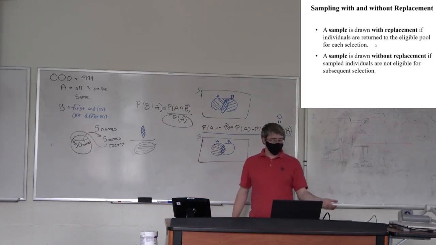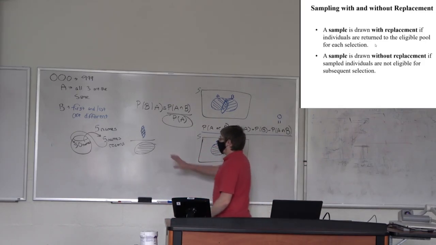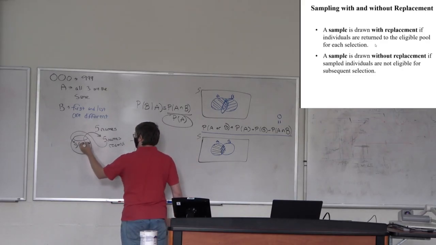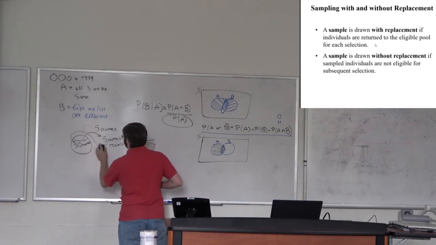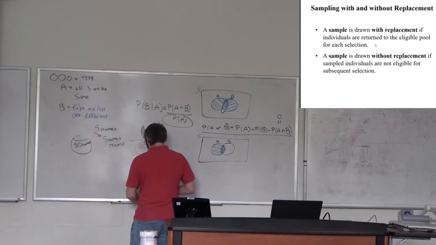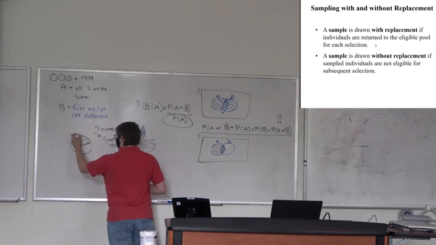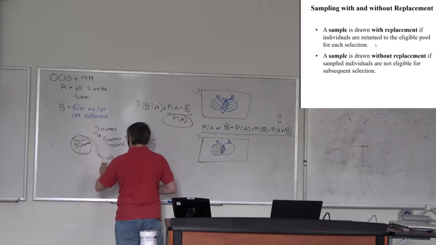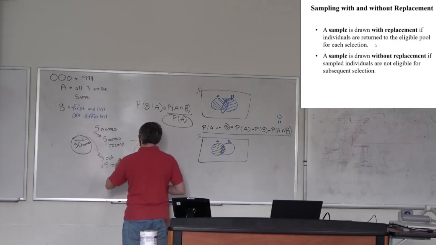If I was doing it without replacement, then I took 5 names out of the fishbowl, and there would be 45 remaining.